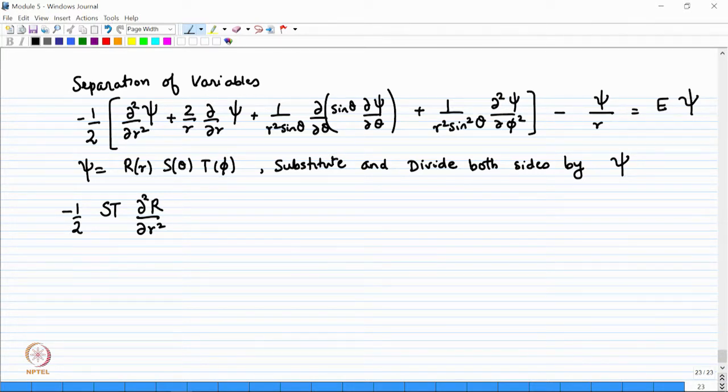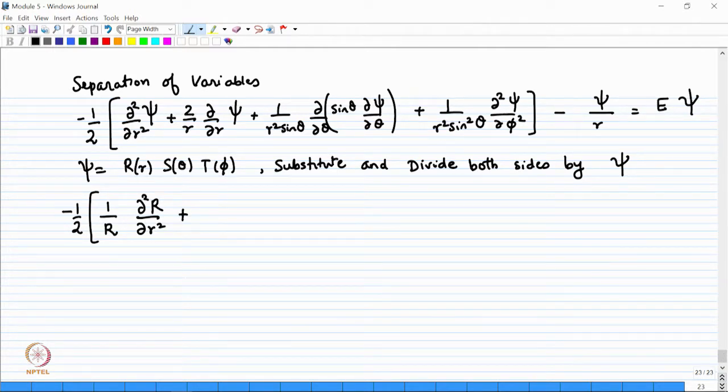And you will get all the other terms. But when I divide by psi, I will divide this by psi. So when I divide S T by psi, I will just get 1 over R.